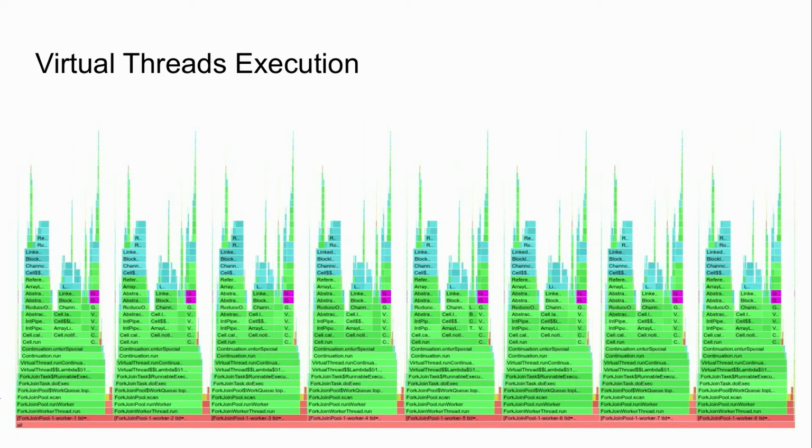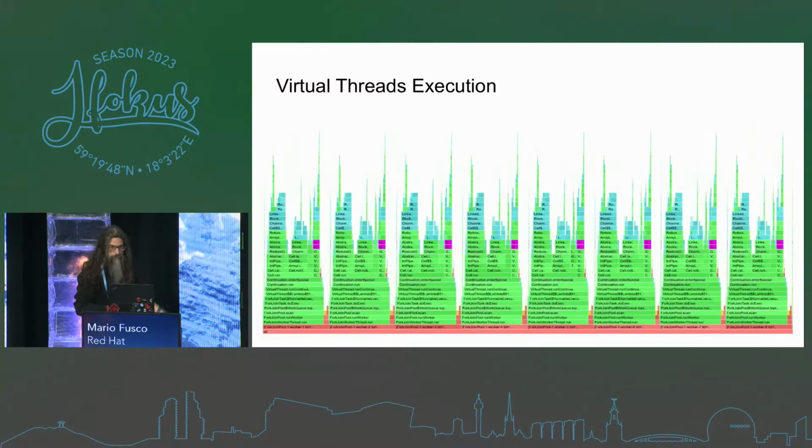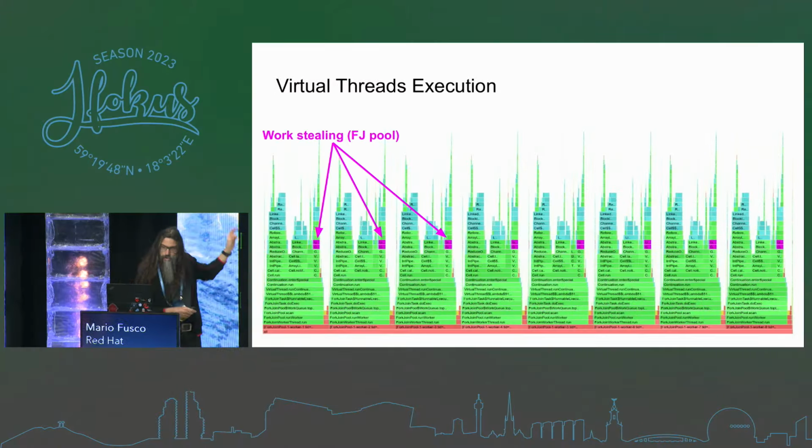And now that purple thing, which is the proper benchmark thread, you don't see it anymore in one single thread, but because of the work stealing algorithm of the fork join pool, you see it distributed a bit in all carriers, okay?